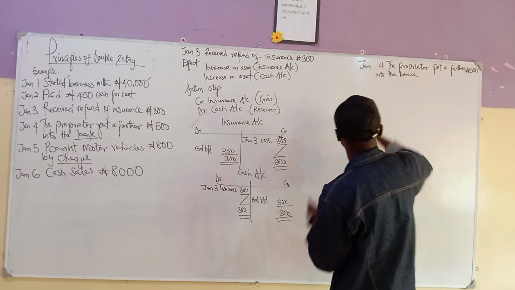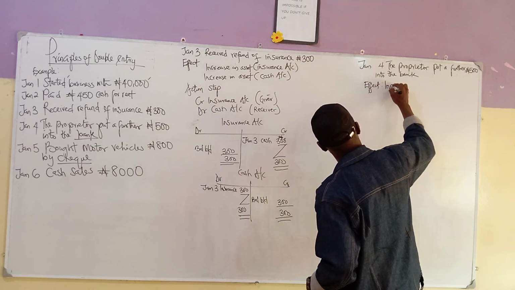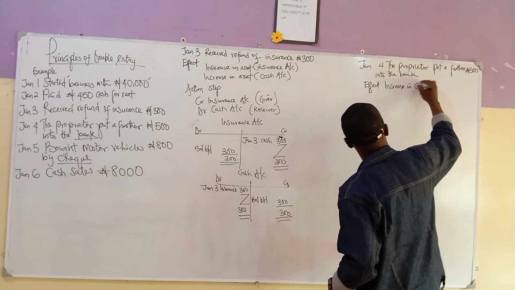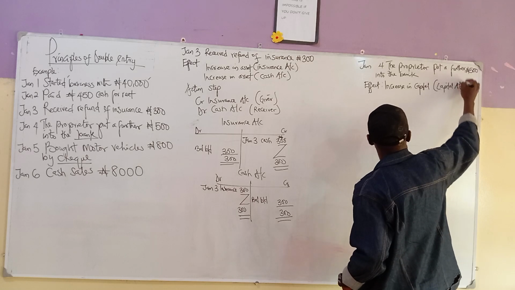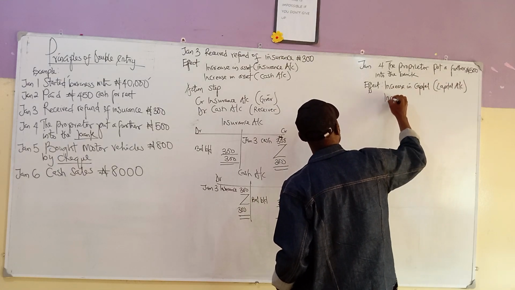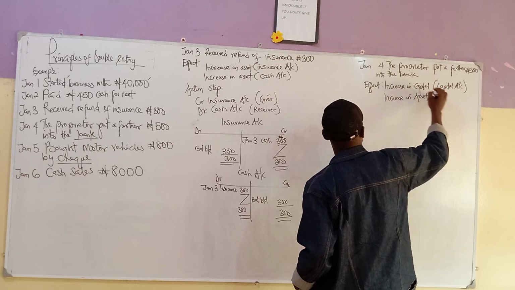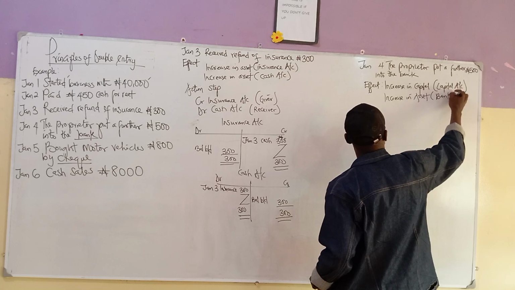So what are the effects? We have a double increase. Increase in capital, under the capital account, and also increase in assets. And this asset was not given by cash, it was paid by bank. So it will be bank account.